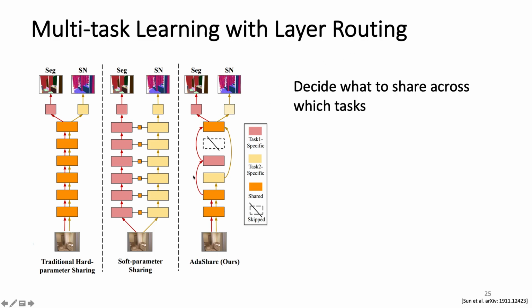Some of the layers are shared, colored in orange, and some of the layers are task specific, like the pink for this task and the yellow for this task. And maybe some of the layers are even skipped. So different from hard sharing or soft sharing, this framework is more flexible.